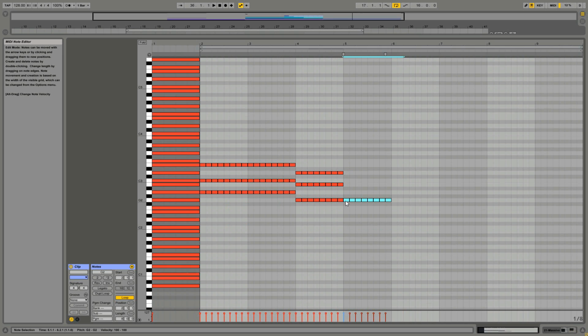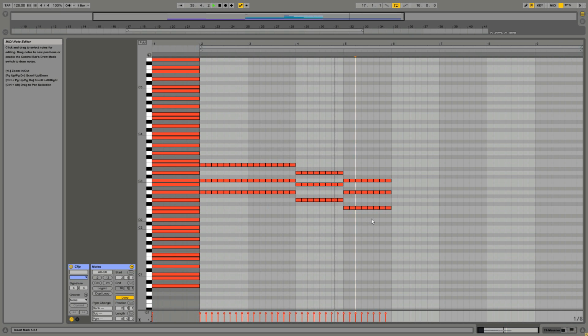So we could go down even once more and we make another chord. So the first, the third, and the fifth. Let's listen in again. But now I don't like this change here.